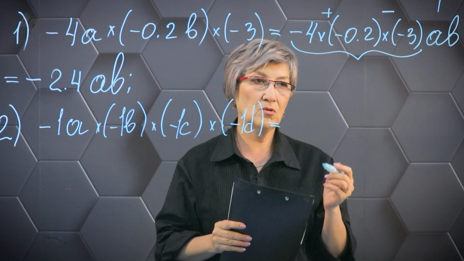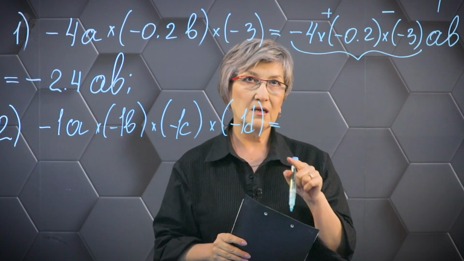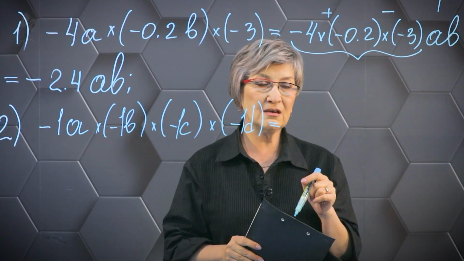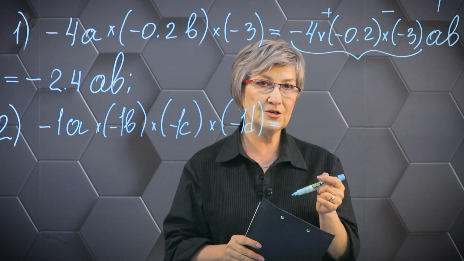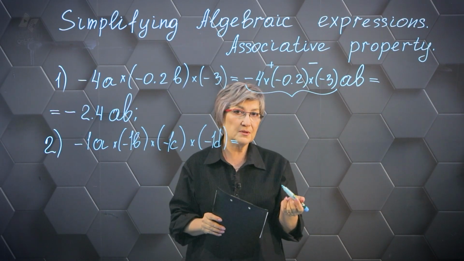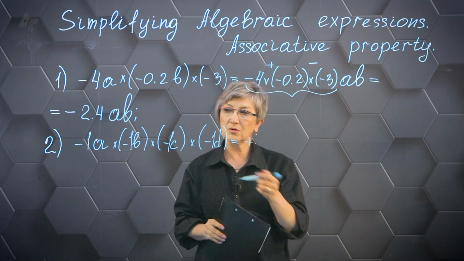But first, we need to calculate the sign of the product. As in the previous example, notice that we have 4 multipliers. This is an even number of negative numbers. The result is a positive number. So the product is a positive number.